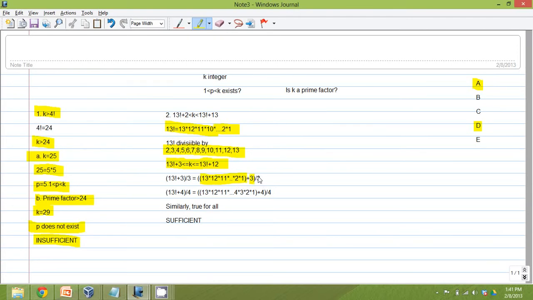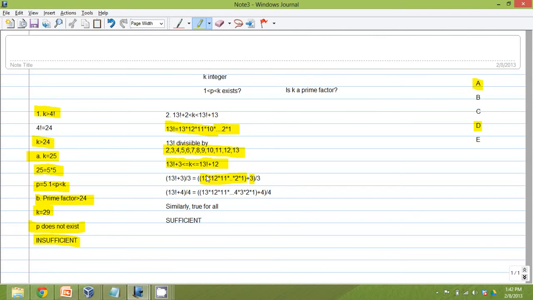When I want to find out divisibility, I know 3 is divisible by 3. I just have to divide it by 3. If this is also divisible by 3, whatever I get, that is 13 factorial divided by 3, plus 1 would be my answer.